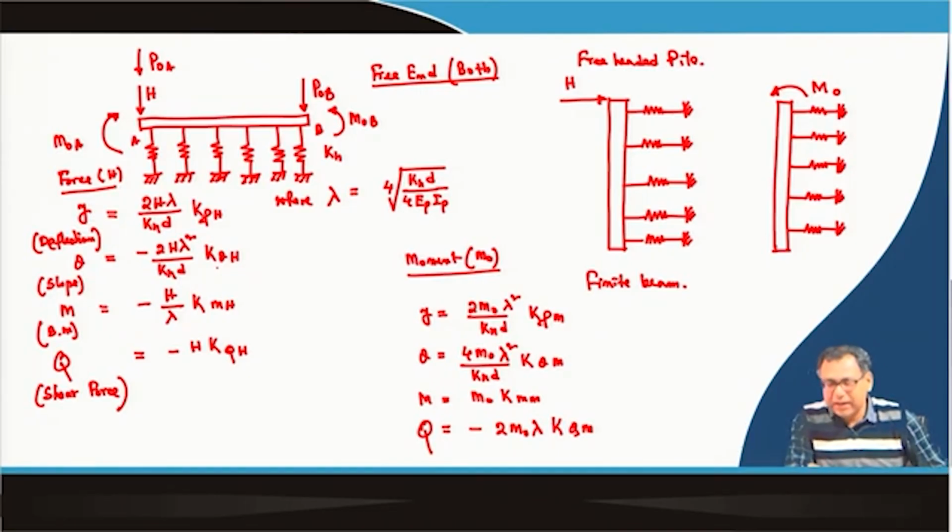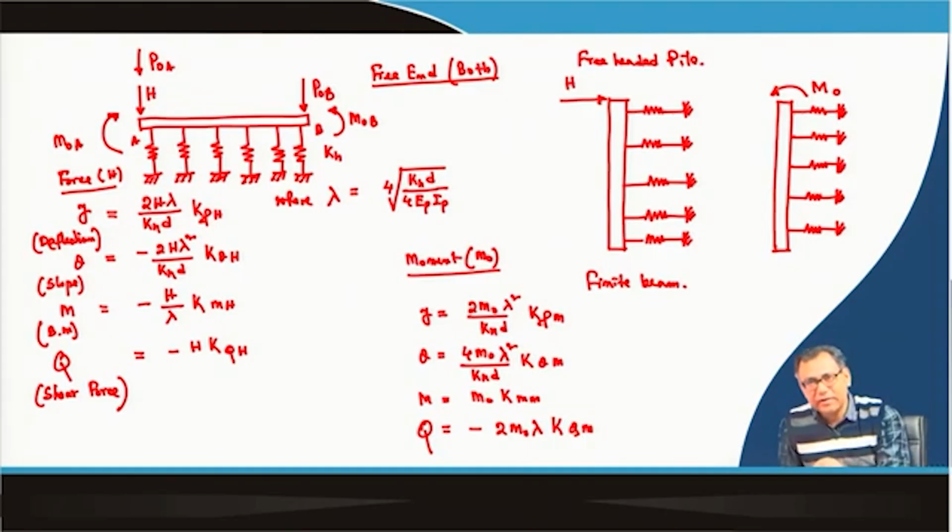When we apply an h on a fixed headed pile, a moment will generate. That moment is m0, say. That moment will be generated so that the overall slope will be 0. So, we apply an h for a free headed pile, we will get a slope.